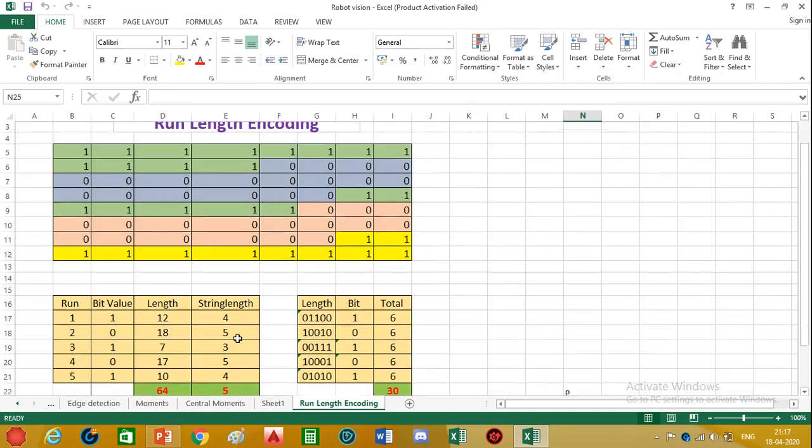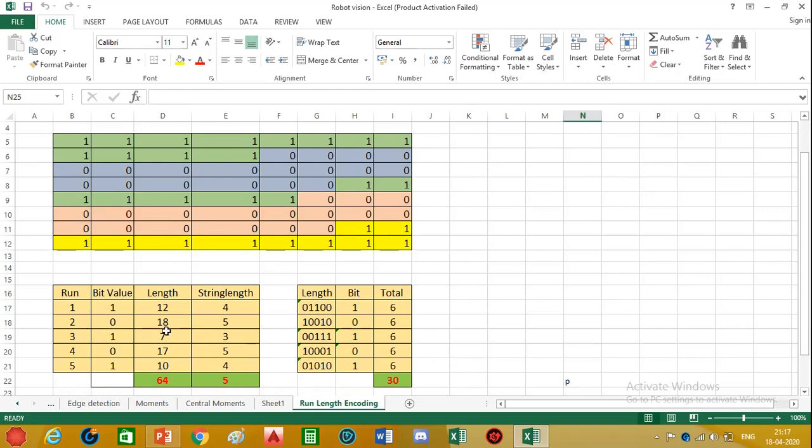Similarly, for length 18 of run 2, the minimum string length required is 5. Thus, the maximum string length required to represent any length in equivalent binary form is 5.